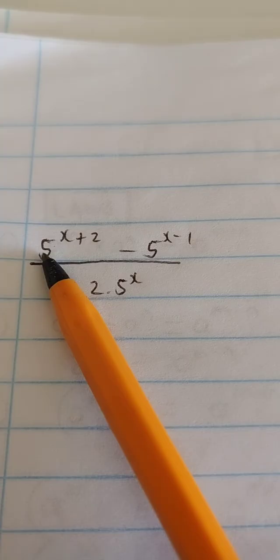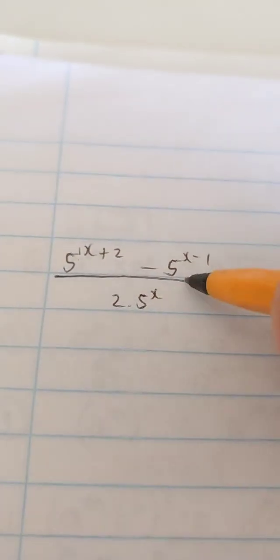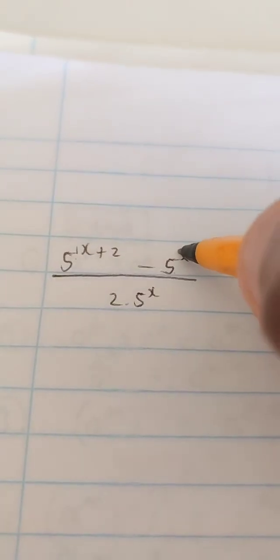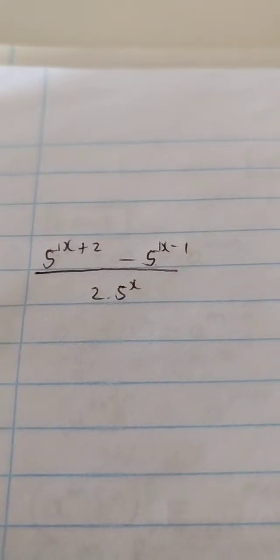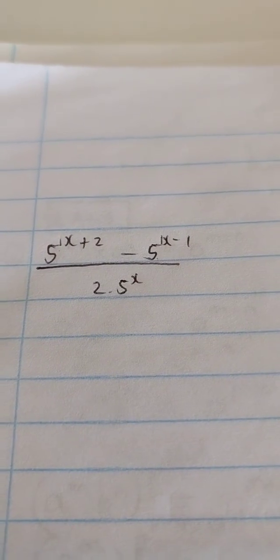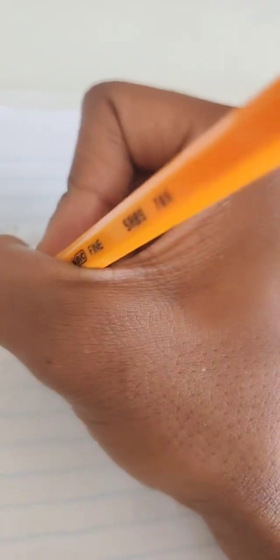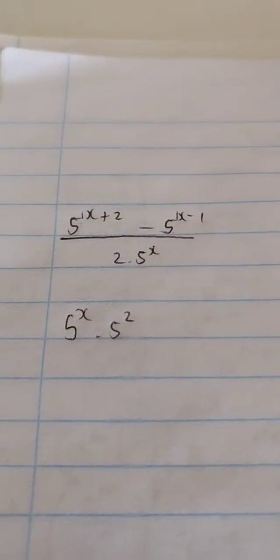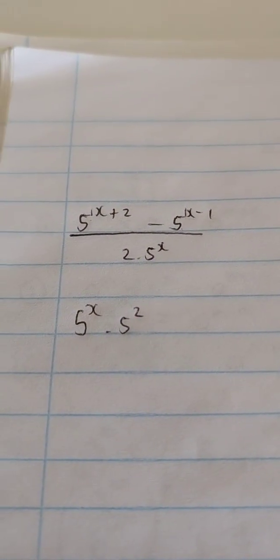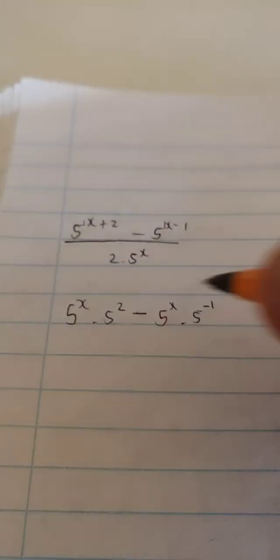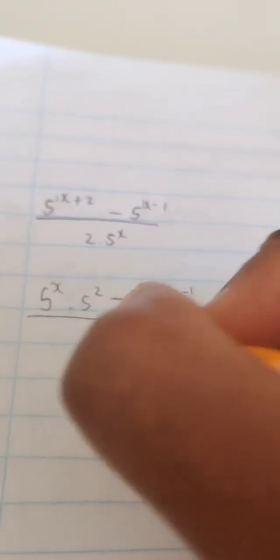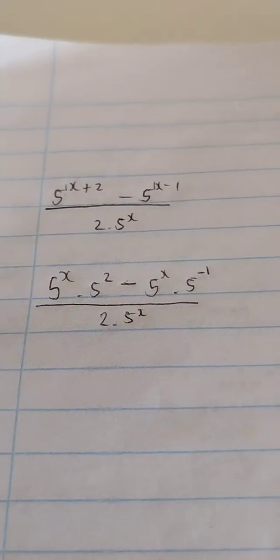The exponent x for this 5 has a coefficient of 1, as well as the base 5 for this x has a coefficient of 1. So that is actually a good omen. That means something is good. So what we do then is we split 5 to the power x and 5 to the power 2. Then we split 5 to the power x times 5 to the power negative 1. The denominator is already split.